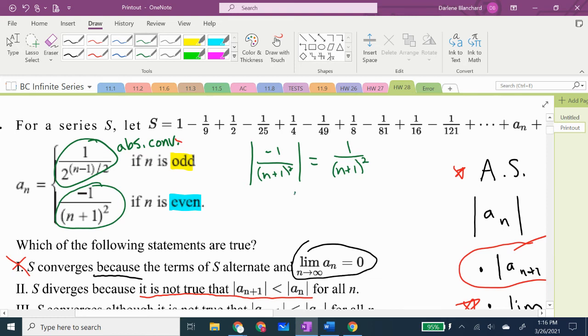The p-series that I compare it to is 1 over n squared, and that is a p greater than 1 because my p is 2, which is greater than 1, that makes it a converging p-series. And because I can take the absolute value and get converge, it is absolutely convergent.